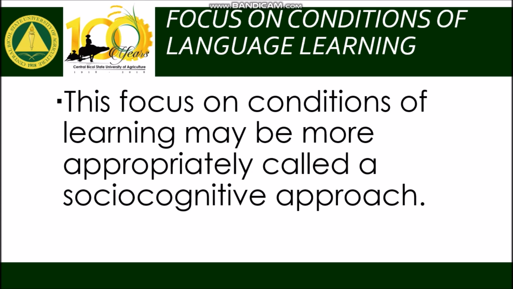But the problem is there is no accuracy there. You do not totally activate your cognitive or mental structures, because society or your environment dictates how you should speak. That is the focus on conditions of language learning.